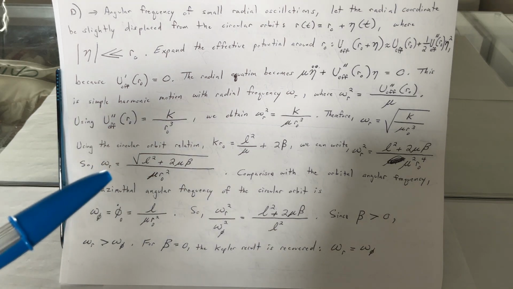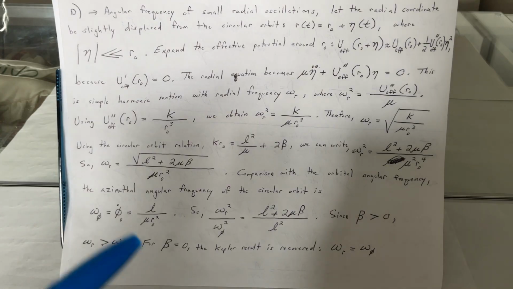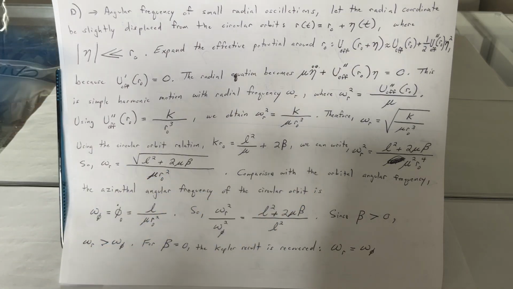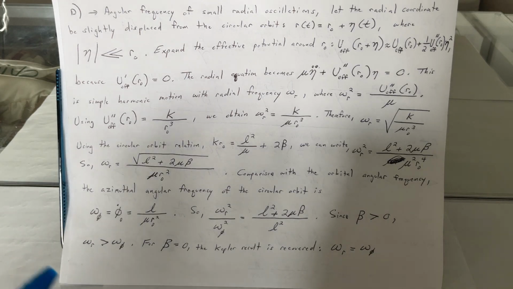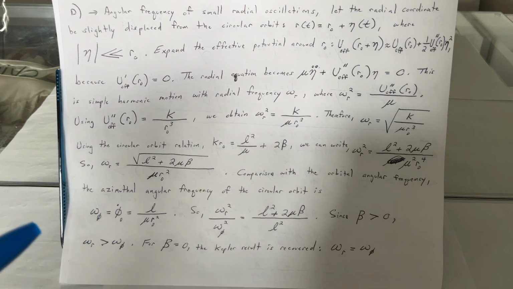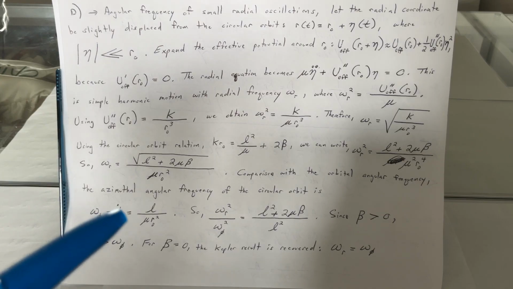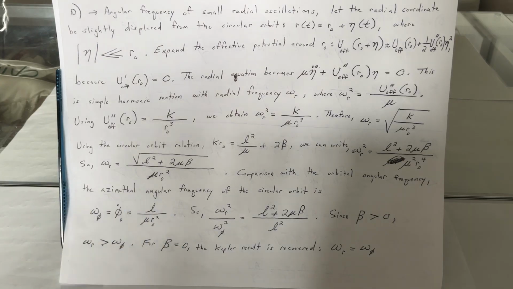So omega sub r equals the square root of L squared plus 2 mu beta over mu r naught squared. In comparison with the orbital angular frequency, the azimuthal angular frequency of the circular orbit is omega sub phi equals phi naught dot equals L over mu r naught squared.